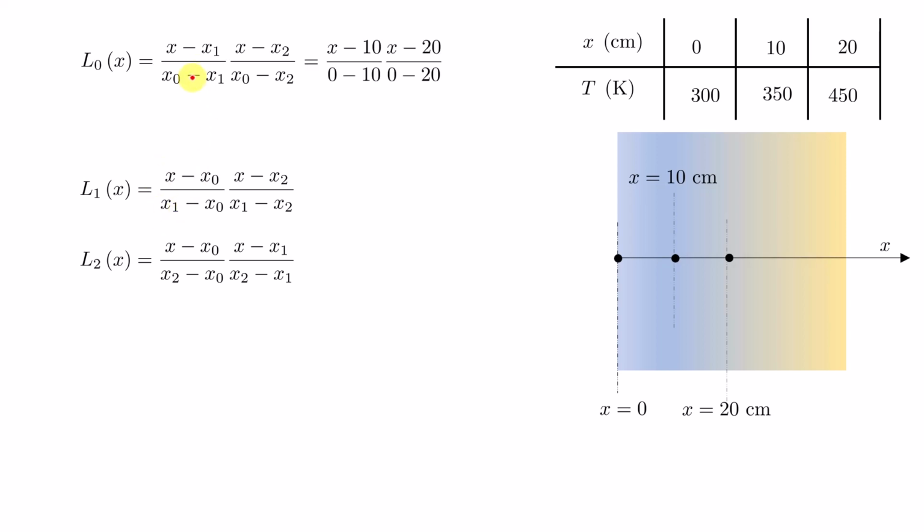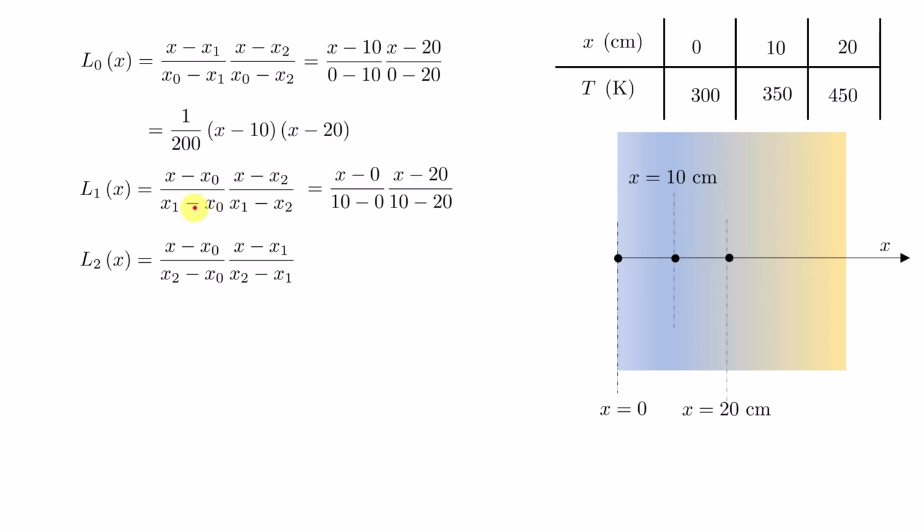For L0, I take x minus x1, where x1 is 10, and x minus x2, where x2 is 20, divided by x0 minus x1, where x0 is 0, so 0 minus 10, and 0 minus 20. Simplifying, it comes to 1 by 200 times (x minus 10)(x minus 20).